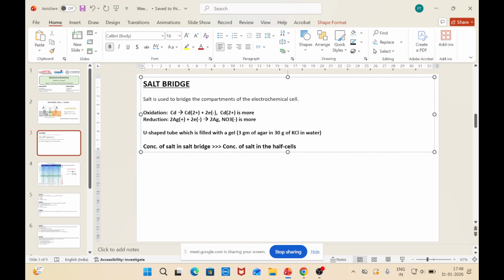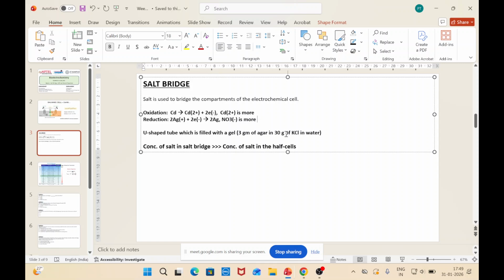Similarly, in order to reduce the negative charge that gets built up in the cathodic compartment, K+ ions will move out from the salt bridge to the electrolyte. At the same time, some amount of the NO3- ions will move from the electrolyte to the salt bridge. So if you see overall, the charge neutrality within the system will be maintained.